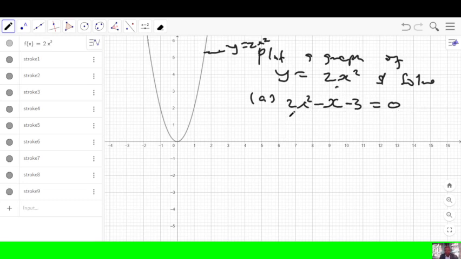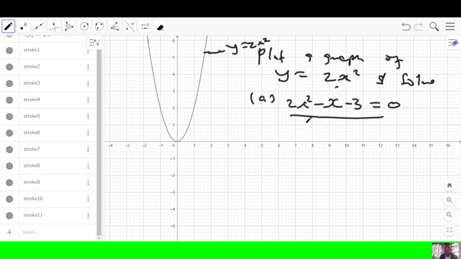So what are we supposed to do here? I think ideally the first thing we need to do is to look at the relationship between this equation and this equation. So from this, we need first to rearrange the equation.